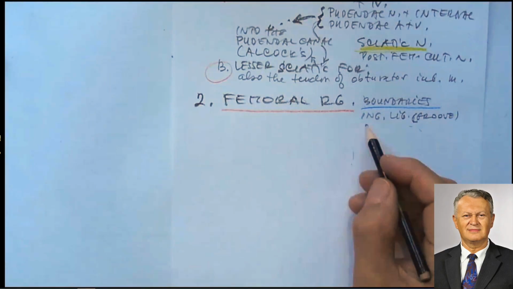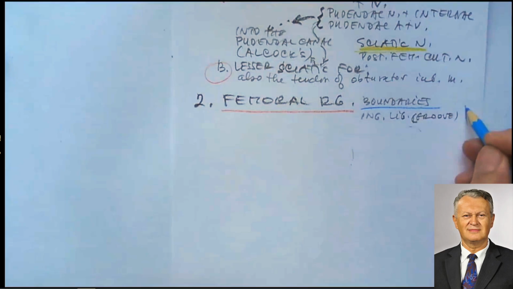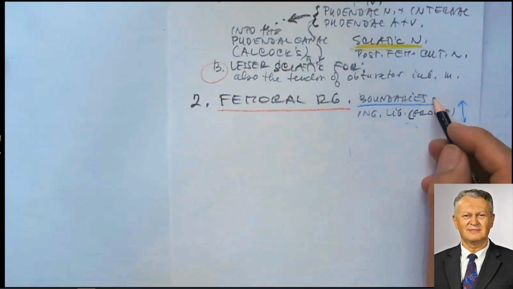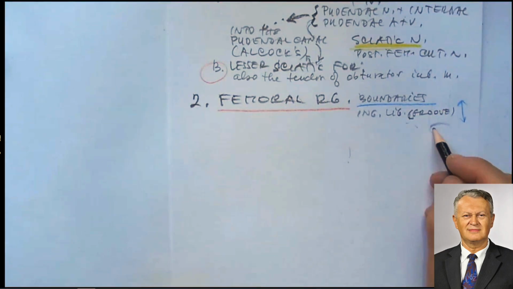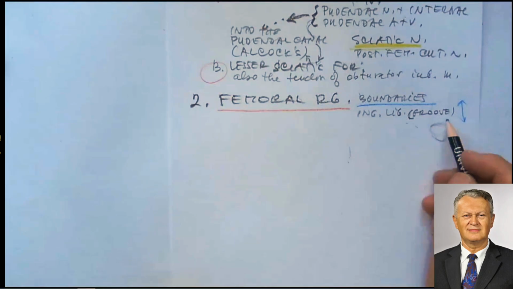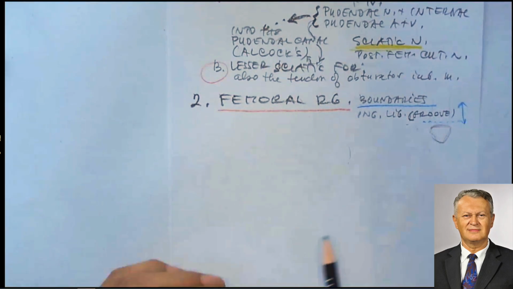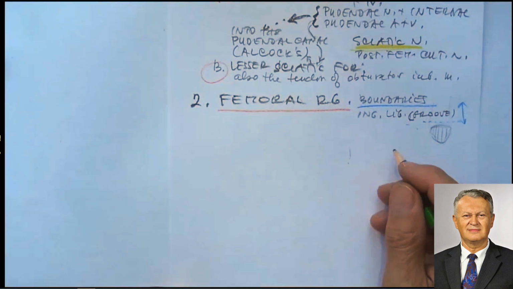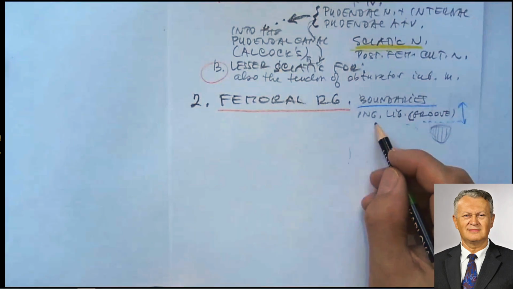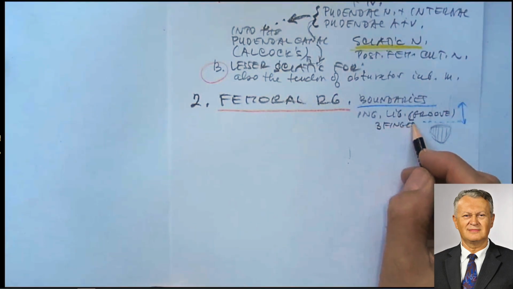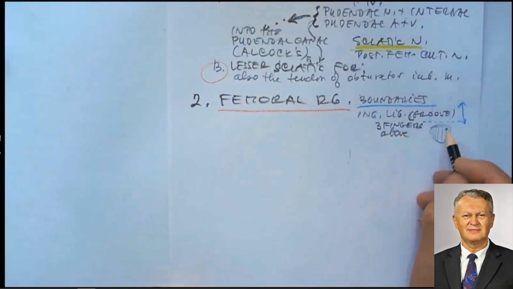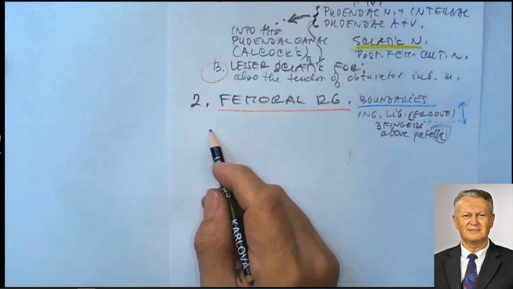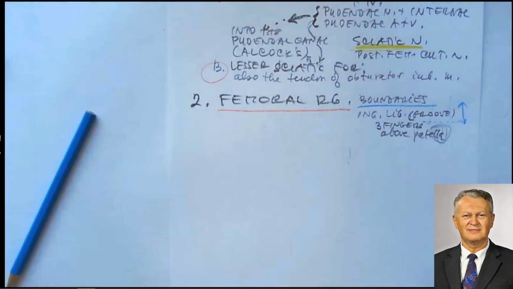Then, using the same arrow, we are 3 fingers above the patella. So cranially, superiorly, we are looking at the patella. So this will be at this level. Based on the general agreement, 3 fingers above the patella.